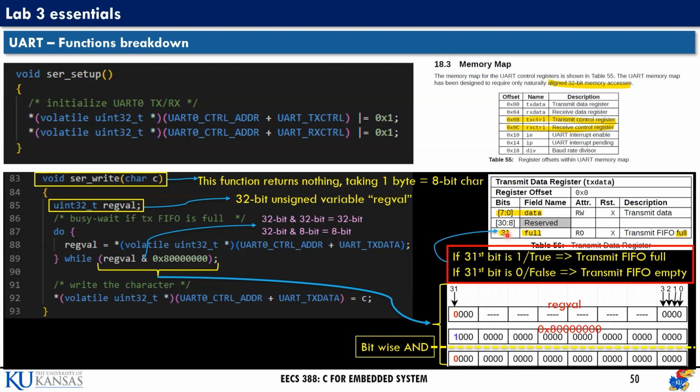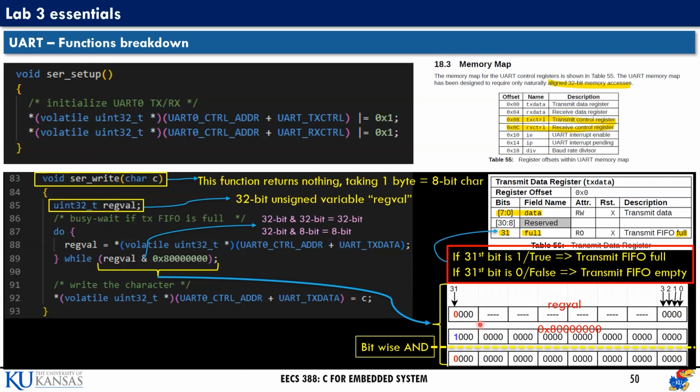If there is some data in the data field inside this register, then this bit is 1 because we have data to transmit. If we have nothing inside this data field, then the 31st bit is going to be empty, and its value will be 0. In summary, if the 31st bit is 1, the transmit FIFO is full. If the 31st bit is 0, or false, the transmit FIFO is empty. We have nothing to send or transmit, right?